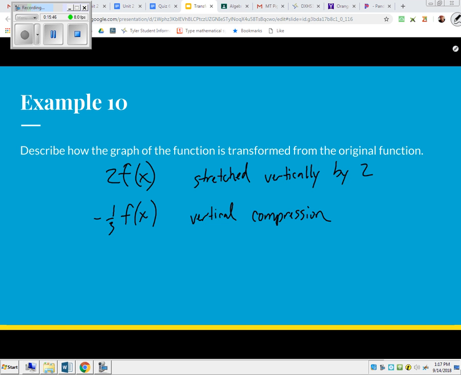It's a mixture. So what else am I doing? Reflecting across the x-axis. So I have to treat this negative and the 1/3 as 2 different transformations. So vertical compression and reflected over the x-axis.